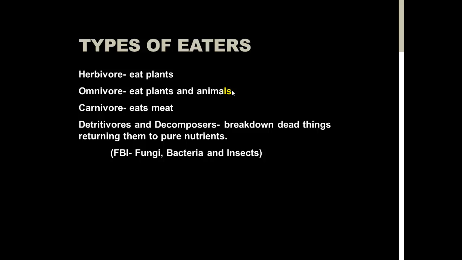Okay, insects have mouths. Some worms actually fall into this category too, but they basically break down small pieces of dead particles and turn it into nutrients. On the other hand, fungi actually utilize those dead particles and it comes through their skin, and that's how it's going to break down and turn into pure nutrients. And the nutrients that we're talking about are our major ones we just learned about, which are phosphorus, carbon, and nitrogen.